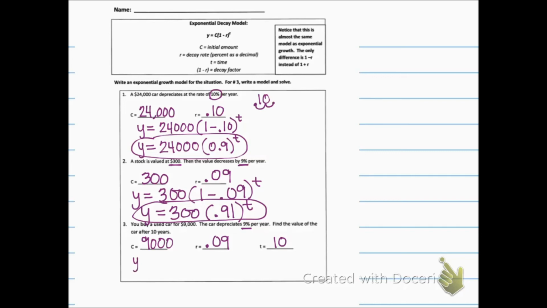So if we plug this in our formula, 9,000 is the initial value, 1 minus 0.09, and 10 is going to be our exponent. 1 minus 0.09 is 0.91. So I'm going to plug this in real quick, and I get 350.47. And I'm going to leave that at 2 decimal places since we're talking about money.